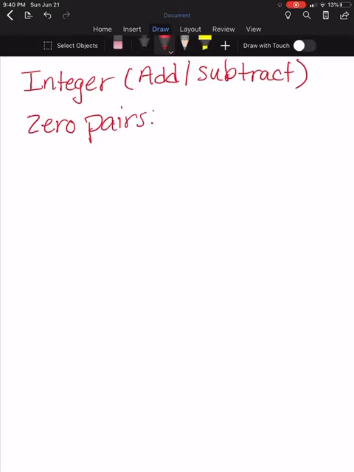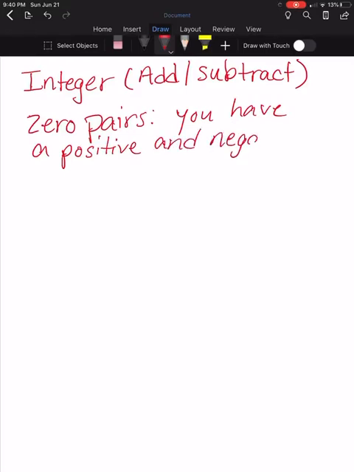So zero pairs, write this down, is when you have a positive and negative matched together.